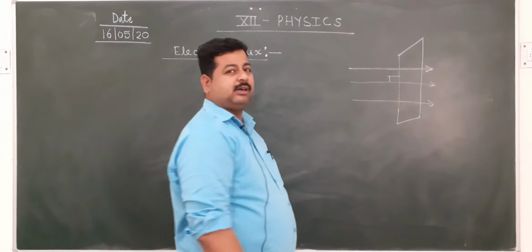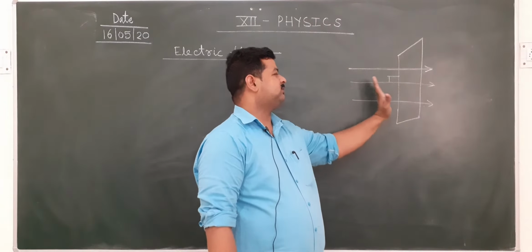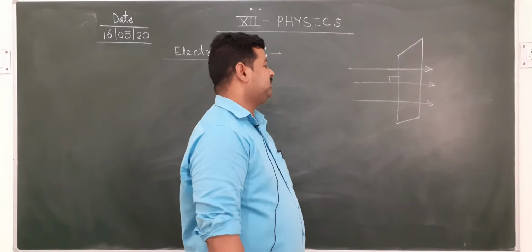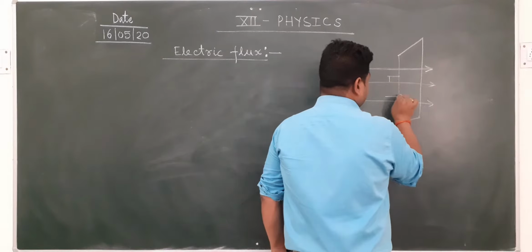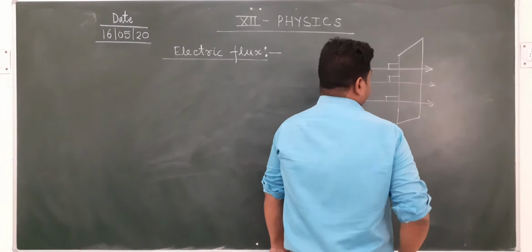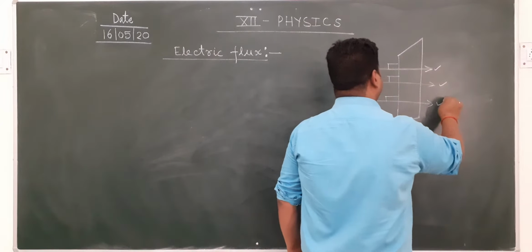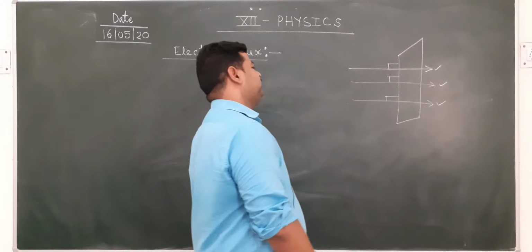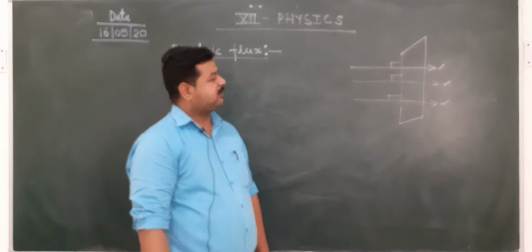Here we count the total number of water currents passing through the surface, but the condition is that the water current passes normally through the surface. So here we count 1, 2 and 3. There are 3 water currents passing through the surface and making 90 degrees with the surface.